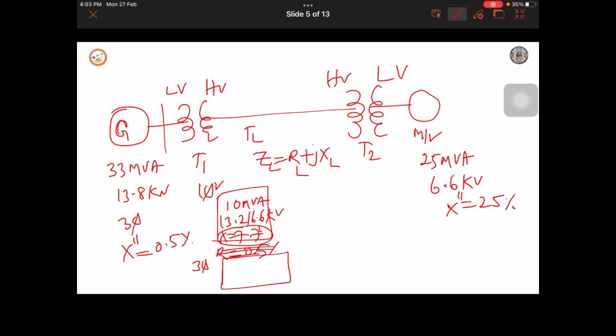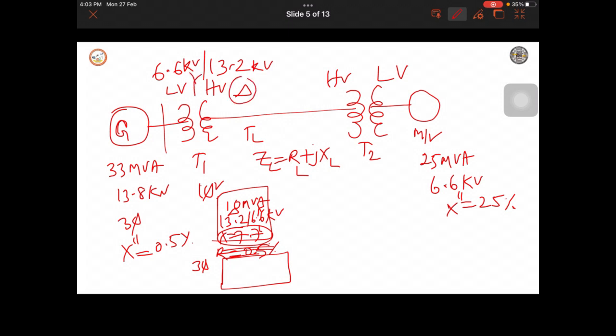See this one. It is given 13.2 bar 6.6. For that they have mentioned that the step up transformer is delta star. This is delta, this is star. So 6.6 comes here, LV side, bar 13.2 kV. 13.2 is the delta, 6.6 is star.